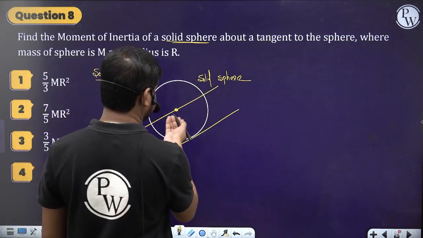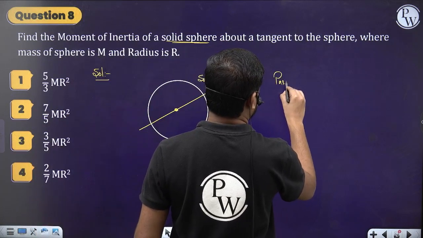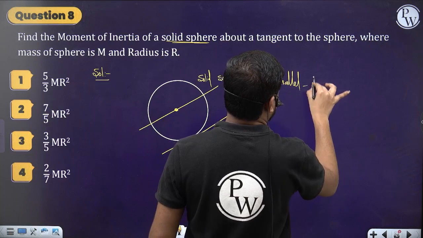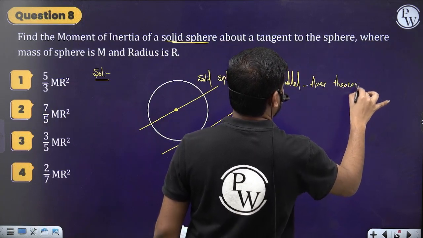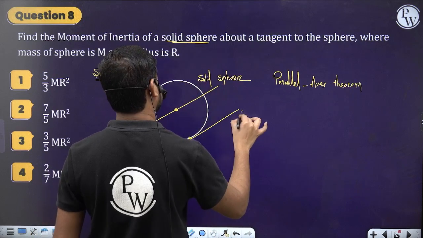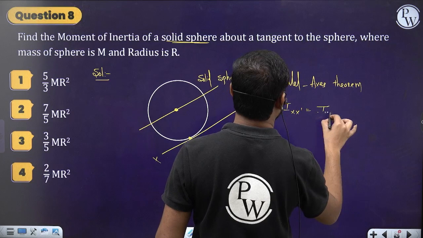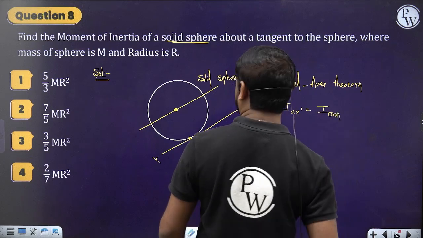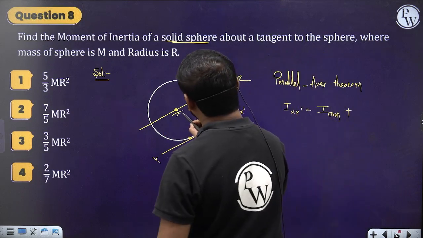Obviously, can we apply the parallel axis theorem? We can apply it. We need about x dash, the tangent. So about x dash is equal to the moment of inertia about the center of mass plus m into r square, since this distance is the radius of the sphere.